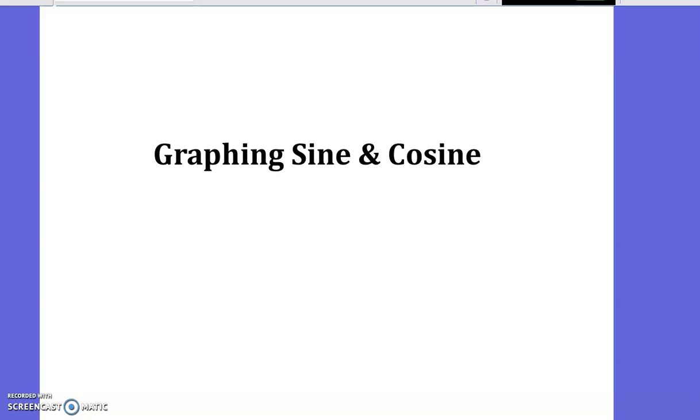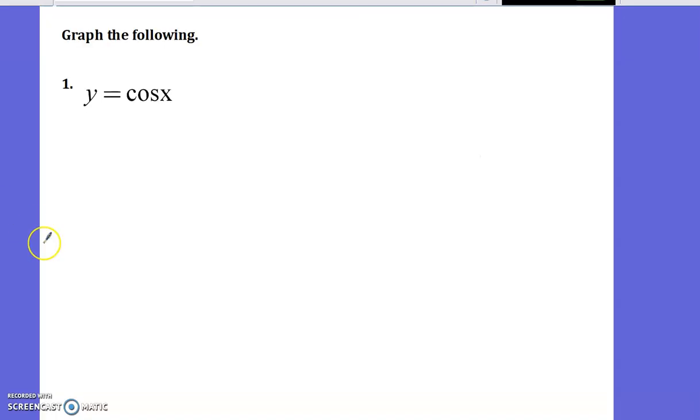So to start, we're going to look at what the parent functions of cosine and sine look like, and then do the transformations to those graphs. So to begin, just a little review on this. If you remember with cosine and sine, with the parent functions, we labeled the x-axis by pi over 2's.